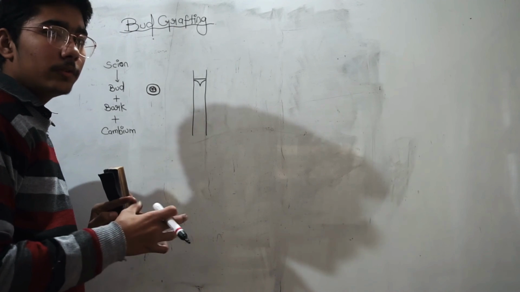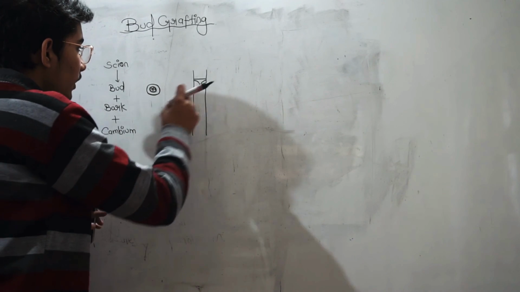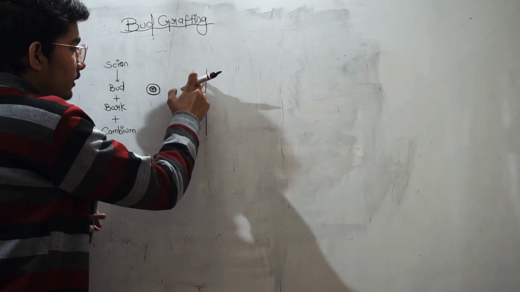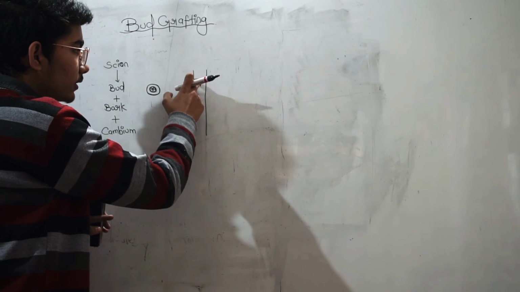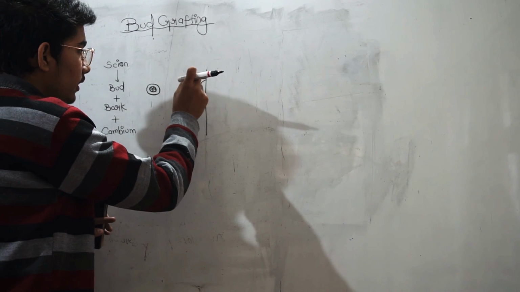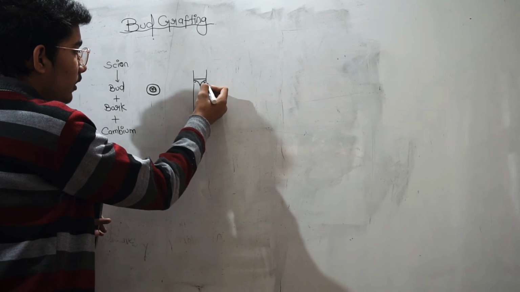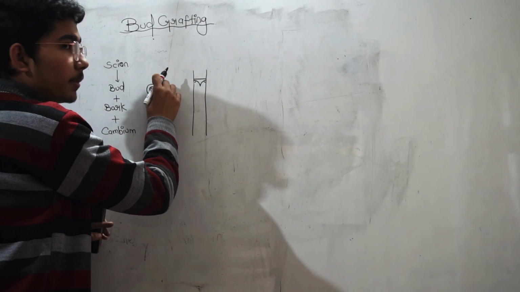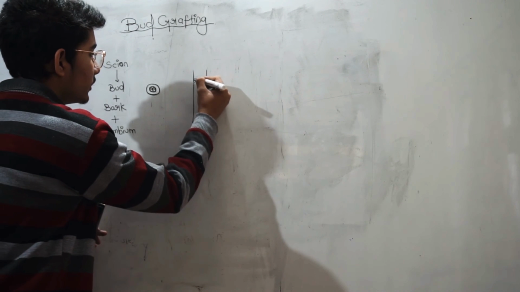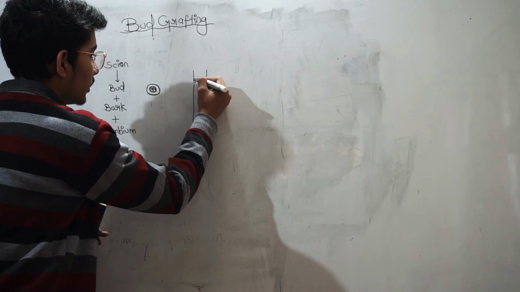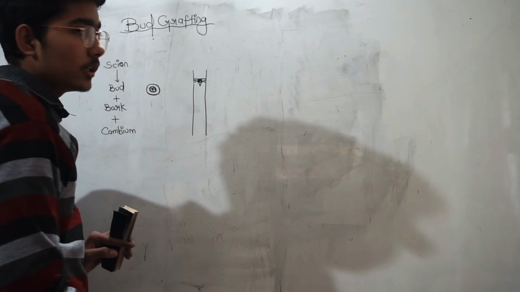And how will we do that? We will separate this cut from here sideways. Yes, a little separation needs to be done here, and we will place it in the center of this cut like this.